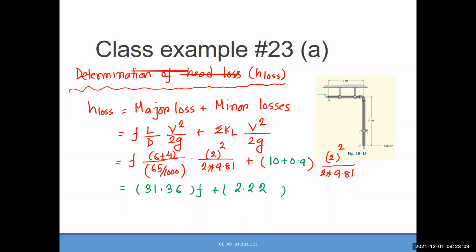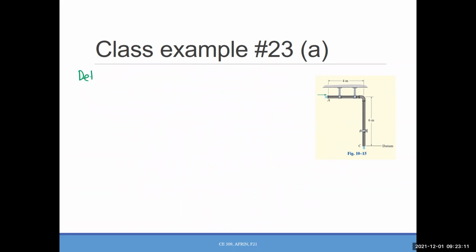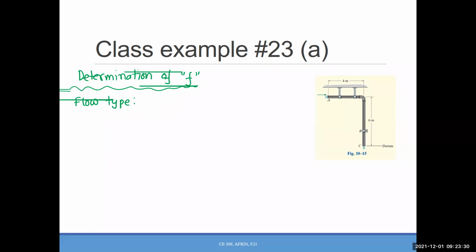So let's do that. Determination of F. To identify the flow type, Reynolds number is the only way which will tell us whether it's laminar or turbulent. Okay, so that's what we will use. So V was 65 over 1000.